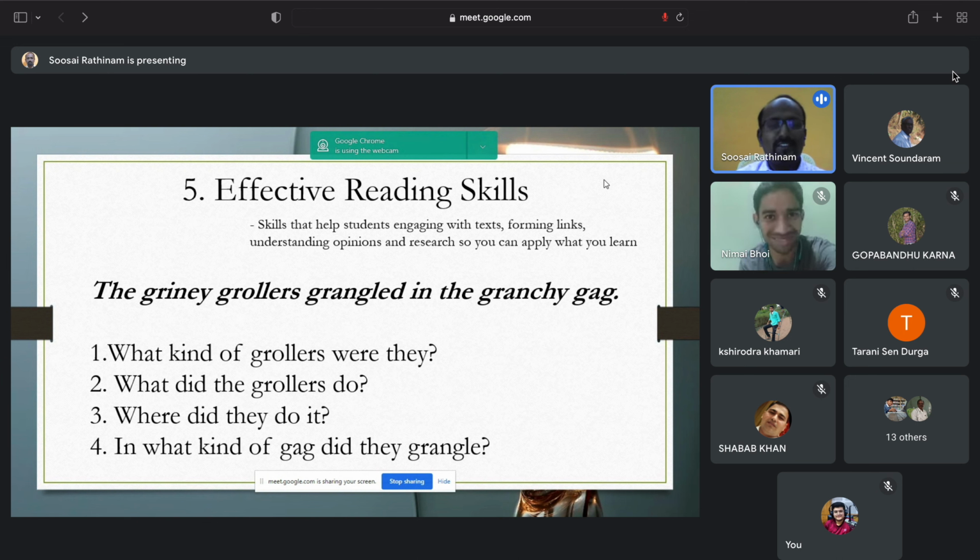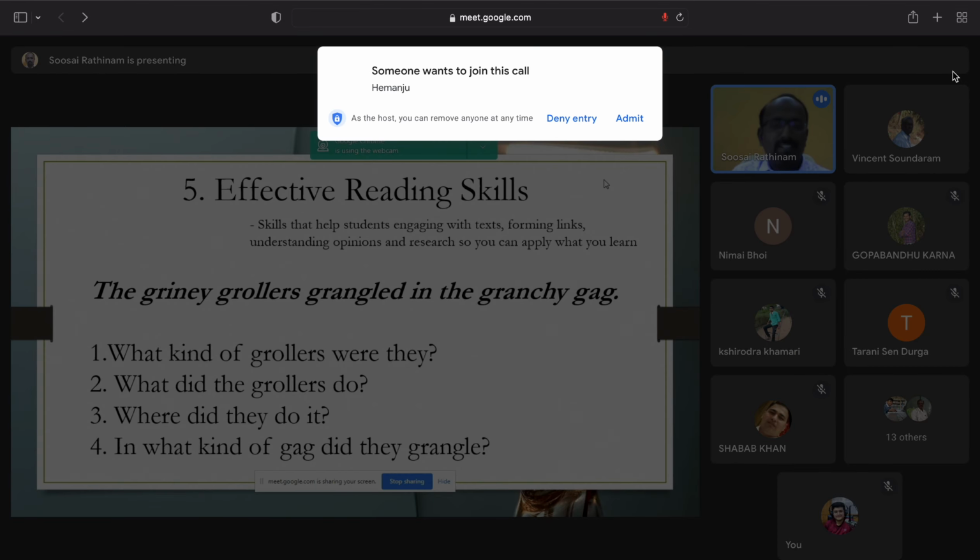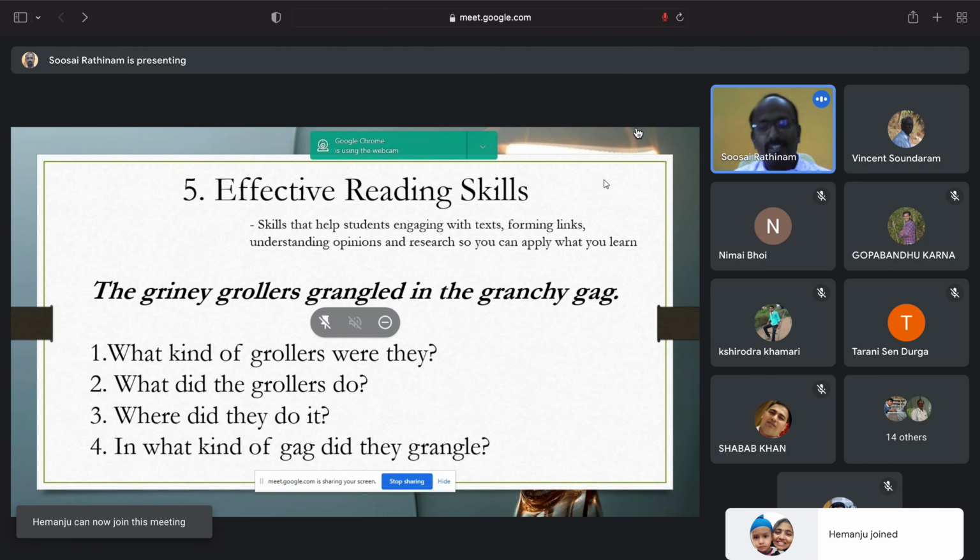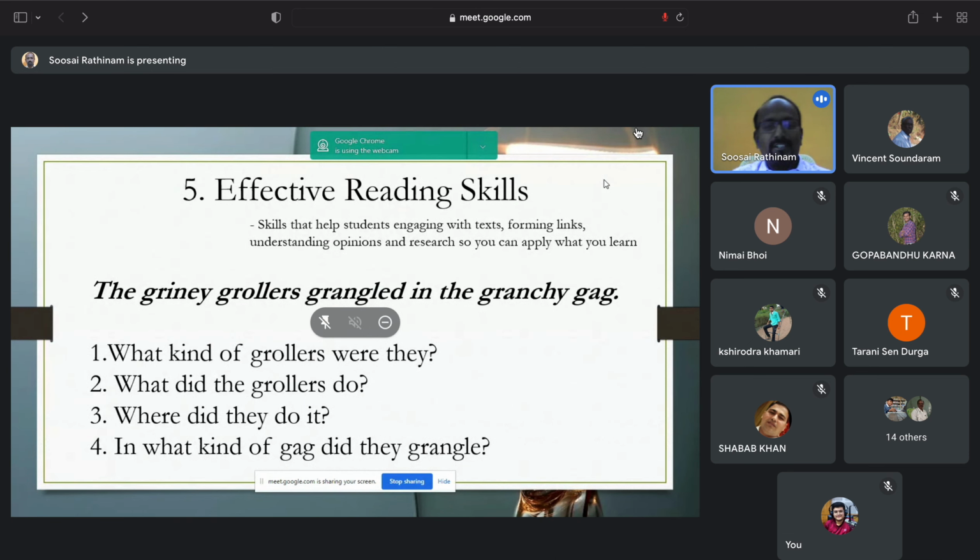But we have been accustomed to this type of comprehension questions that we give to our learners. These are not English words, but we could grasp the idea by looking at the sentence and then go for the answers. This is how we do.